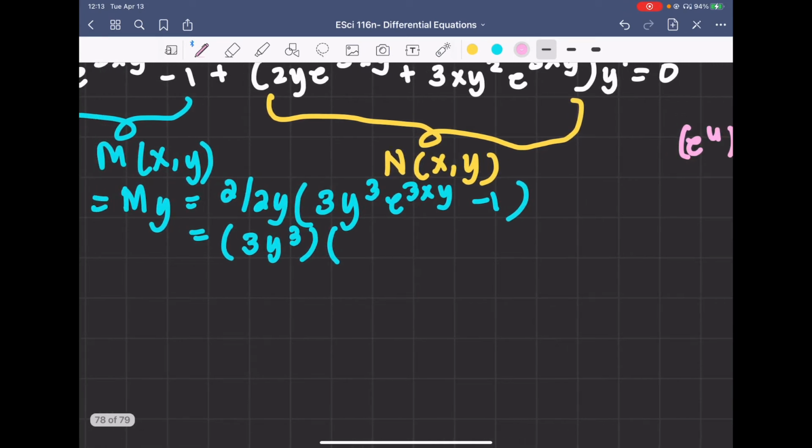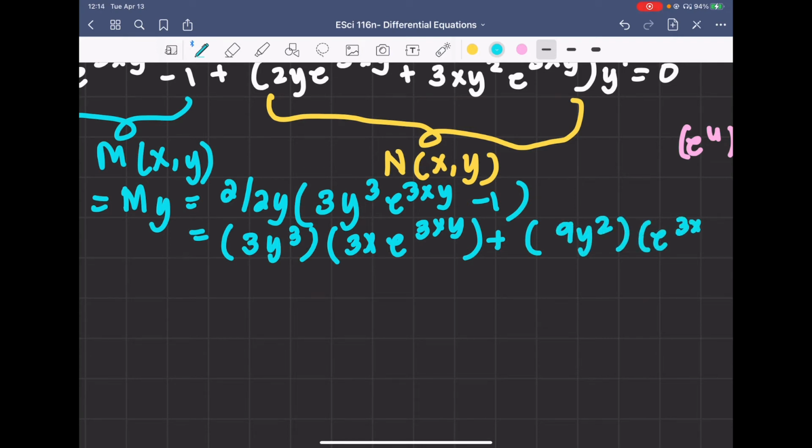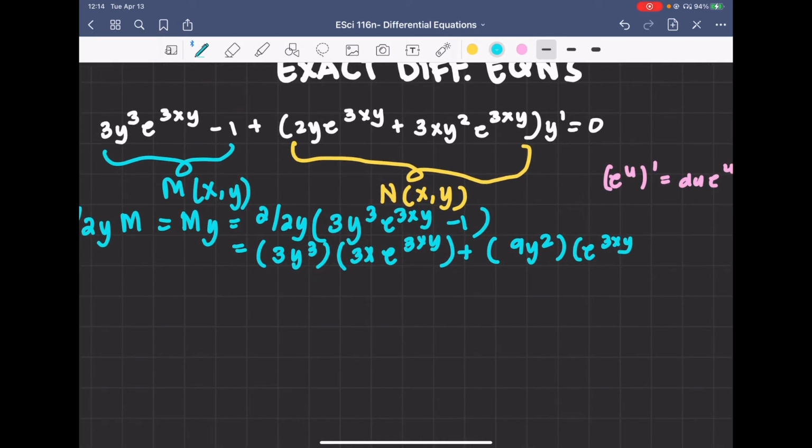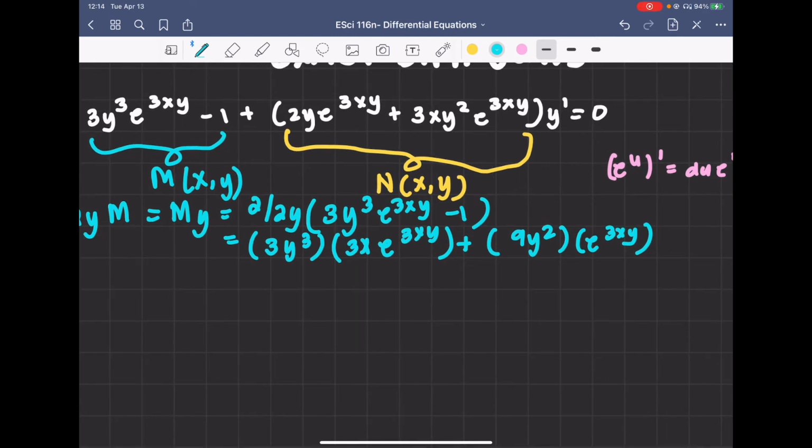So the derivative of 3xy with respect to y is 3x times e to the 3xy, then plus the derivative of our first term, which is 9y squared times e to the 3xy. And that's it, because here we have minus 1, but that is 0 because it does not have any y.